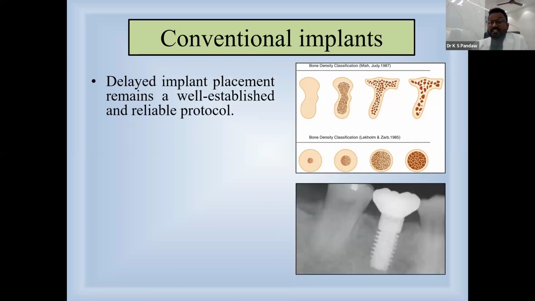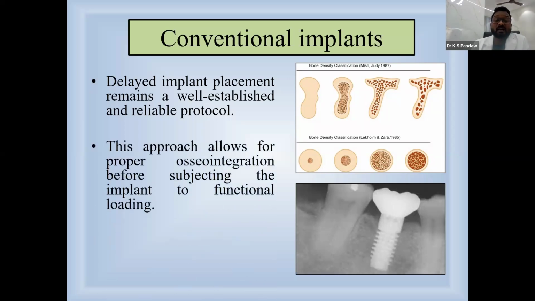Also in a high stress bearing area. Suppose you are going to replace the lower six or upper six and load immediately. In a high stress bearing area, there is a risk of implant failure. So in this high risk zone, we should use conventional delayed loading implants, because delayed implant placement remains a well-established and reliable protocol.